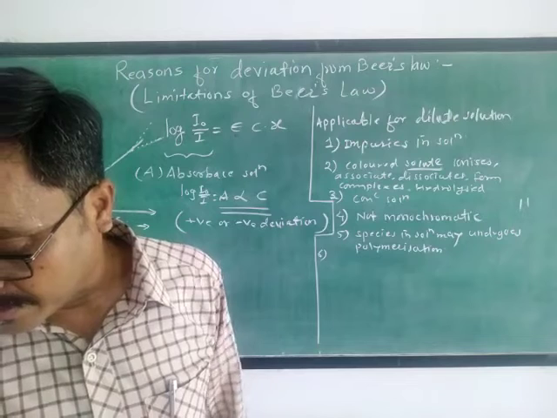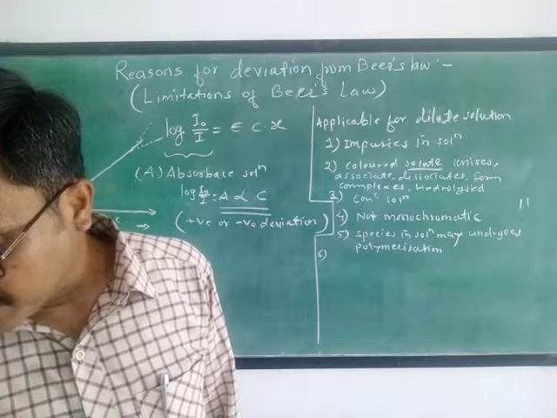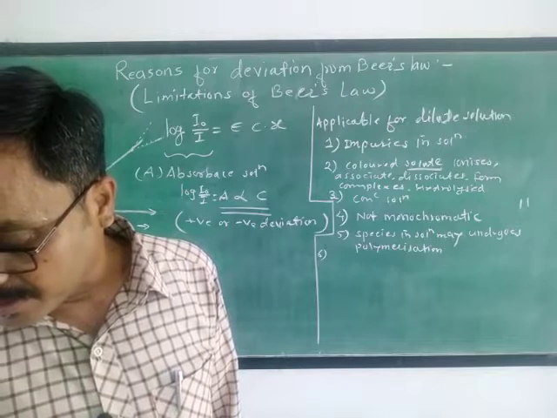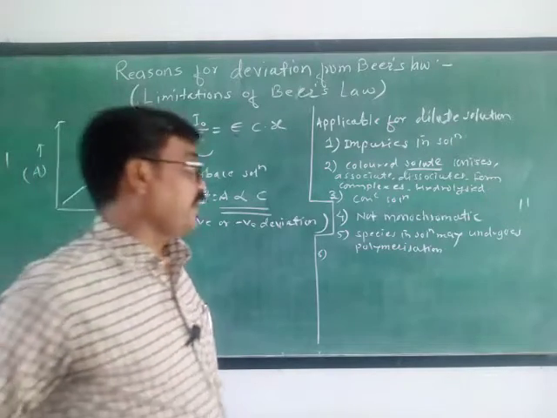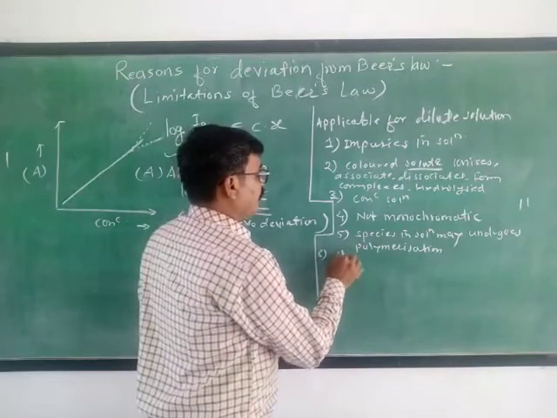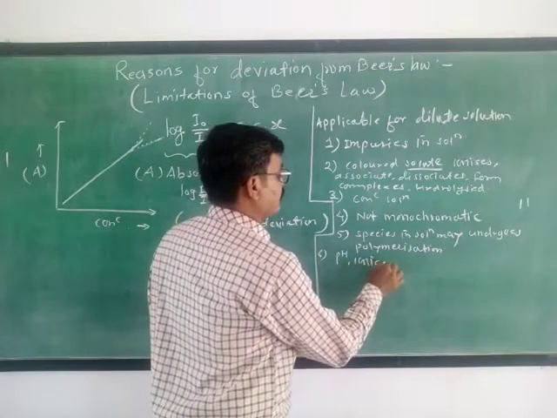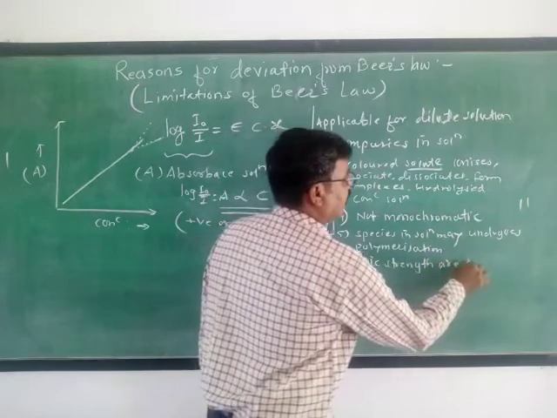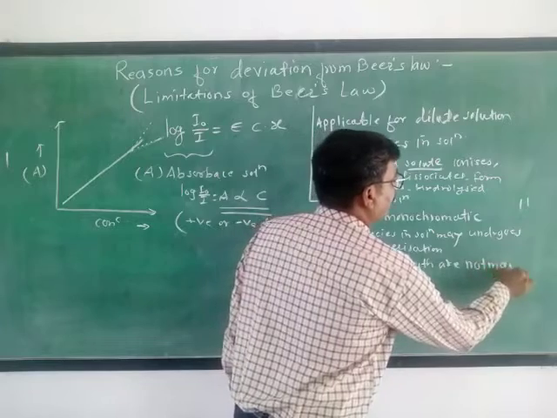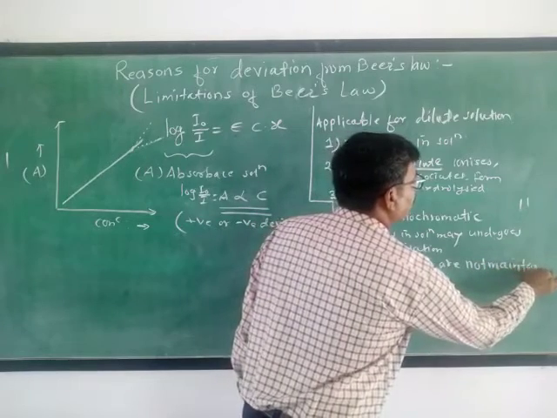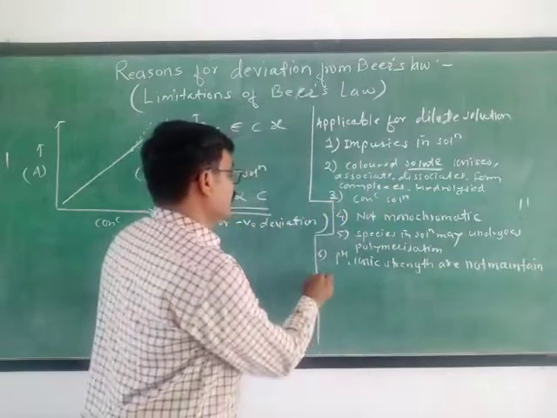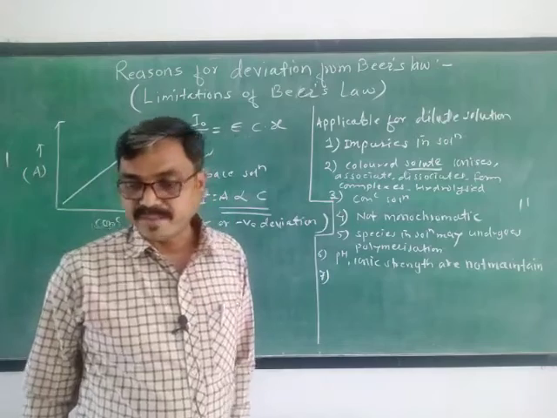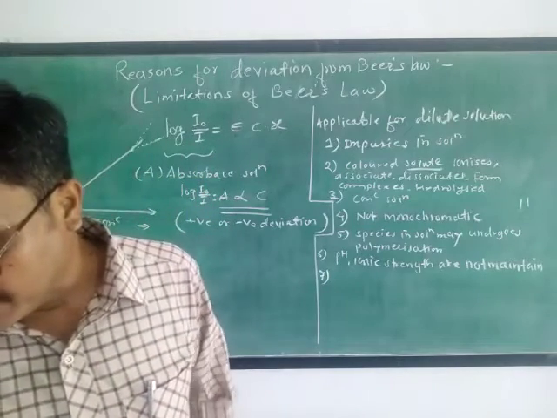And another reason is that sometimes in the experimental conditions the pH, temperature or ionic strength is not maintained. If pH and ionic strength are not maintained, then there is a possibility of deviation, meaning the observed value may be different from the expected one.